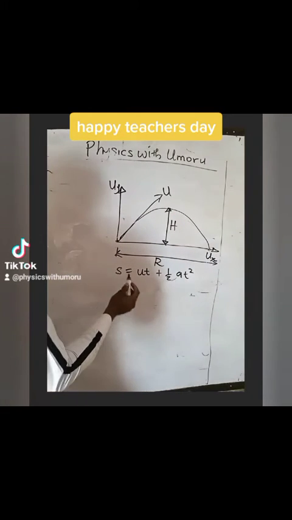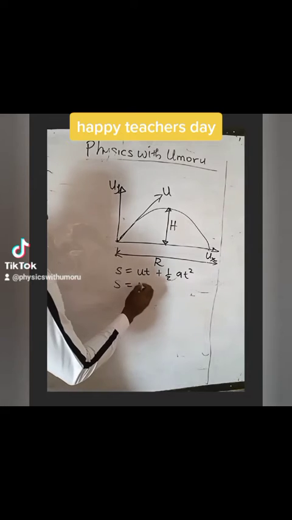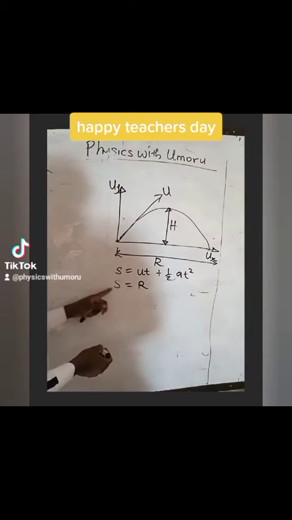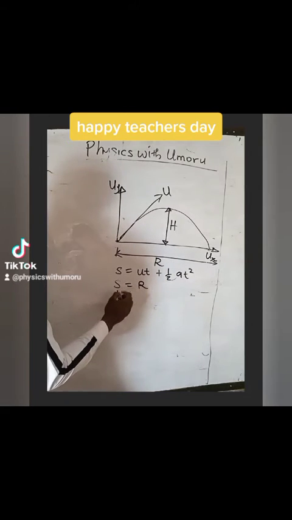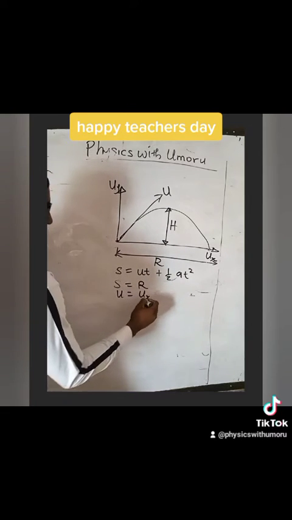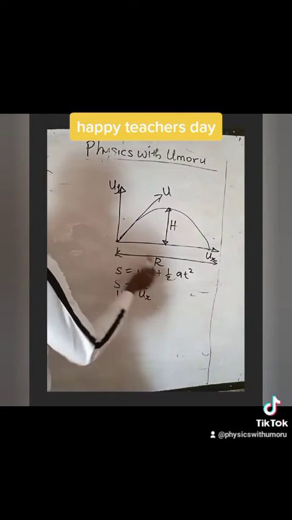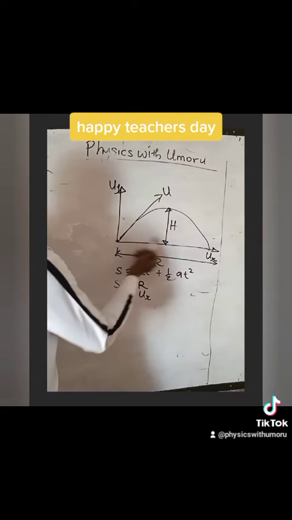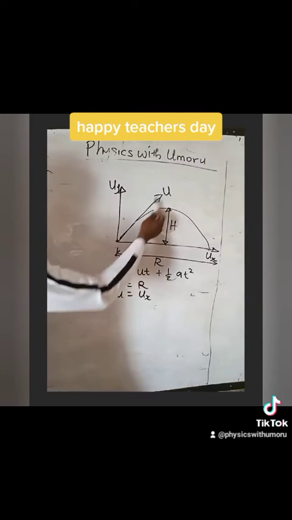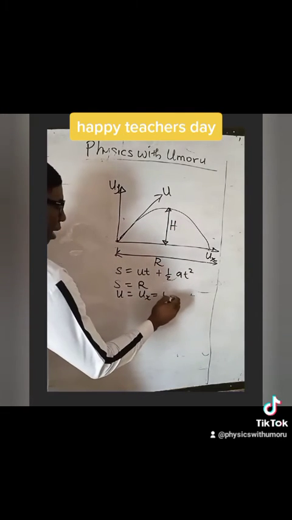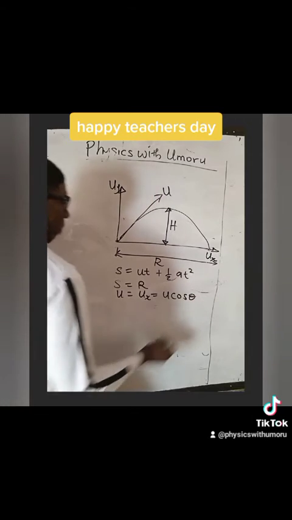So s is going to represent the range, that is the distance. U here is going to be the horizontal velocity, because range has to do with horizontal, so we are going to choose the horizontal component, and the horizontal component of a projectile is given by u cos theta.